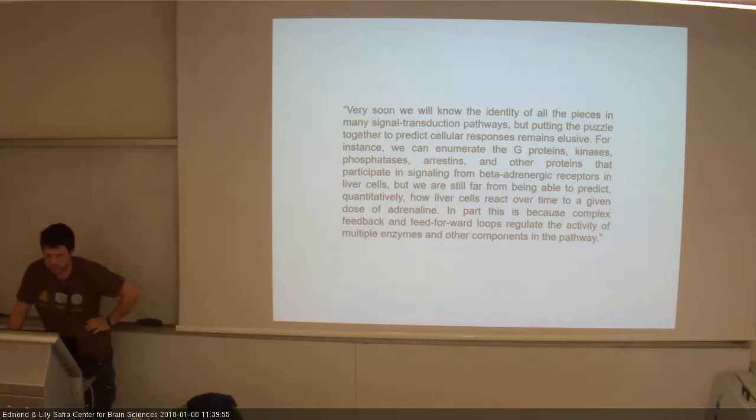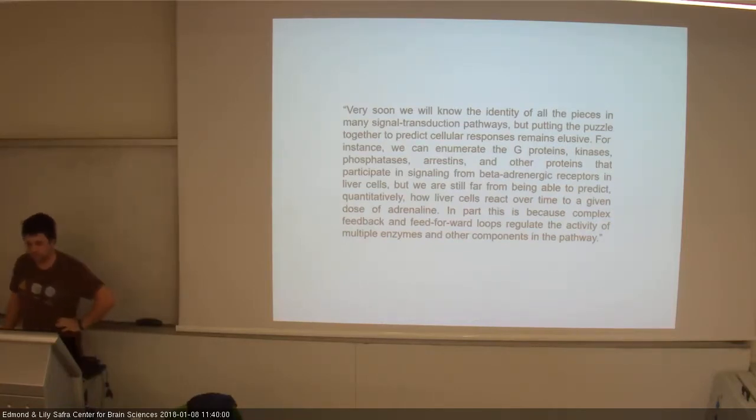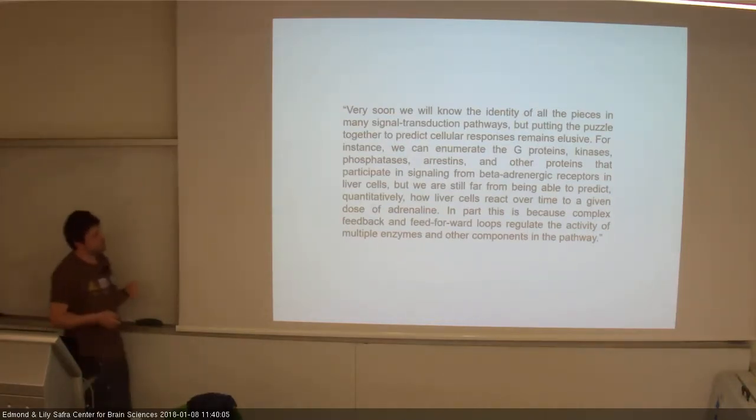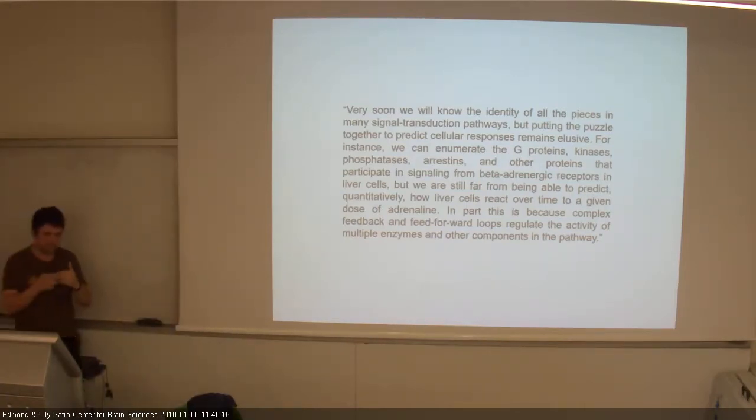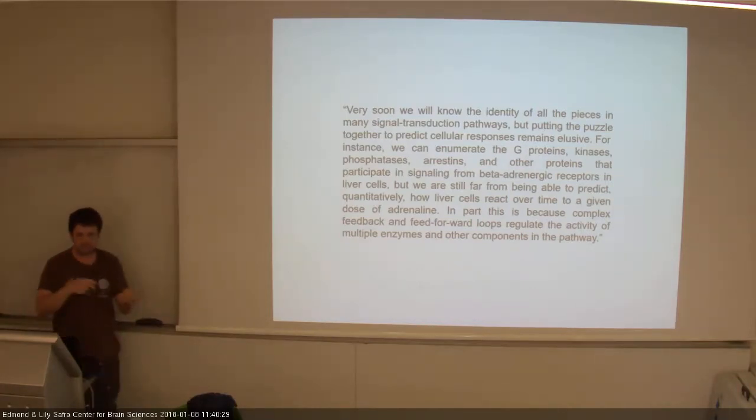In part, this is because complex feedback or feed-forward loops regulate the activity of multiple enzymes and other components in the pathway. So I like this quotation because it shows you that even when we look at the cellular responses in a single cell, it's very, very complex. For us neuroscientists, a lot of the time we like to think that the nervous system is so complex because it has all these feedback and feed-forward loops, and every behavior is governed by the activity of multiple neurons and stuff like that.